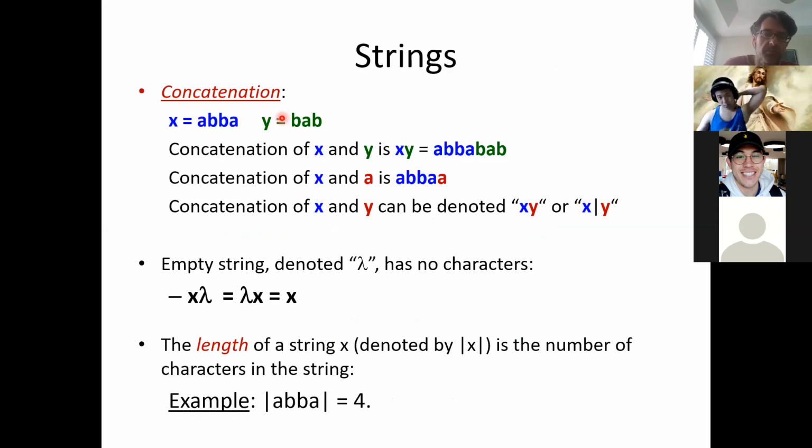Another common operation on strings is concatenation. There's the first operation on strings I'm defining.